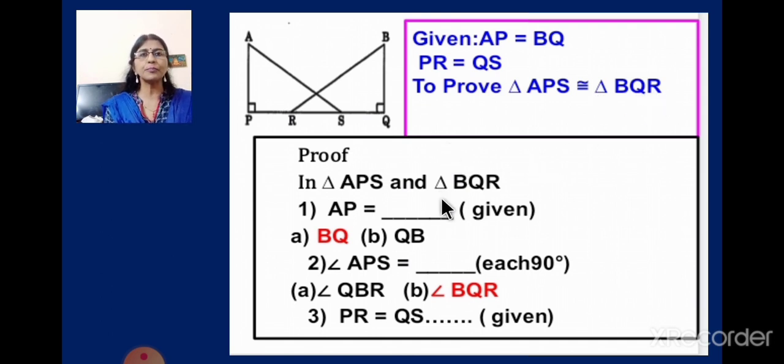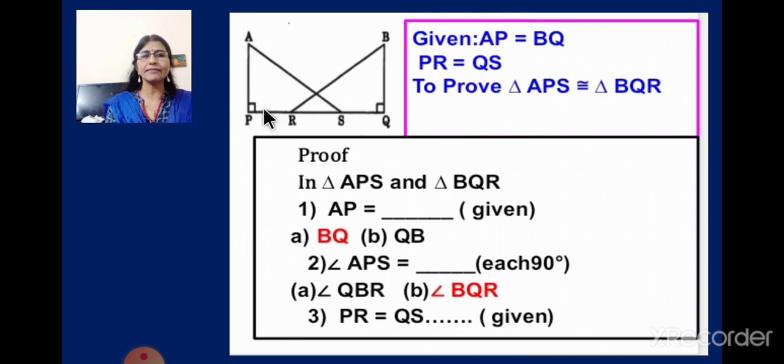Now this is the proof part. Let us see how to write this. See, this all will be given in triangle APS and triangle BQR. First, AP is equal to. So here it is given AP is equal to what we will write? BQ. So we will select A option, BQ is given, and here given is written. The next statement, angle APS is equal to angle BQR. You will see here in the figure angle APS is 90 degree.